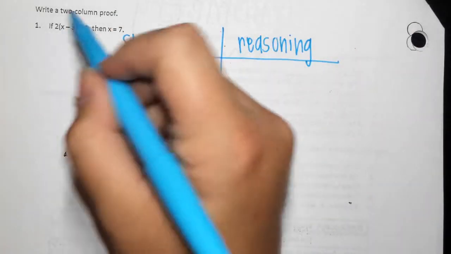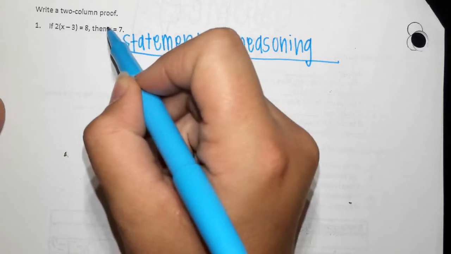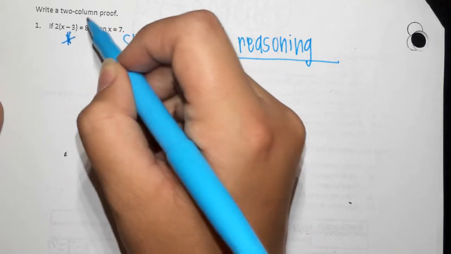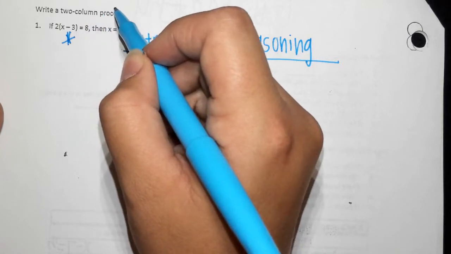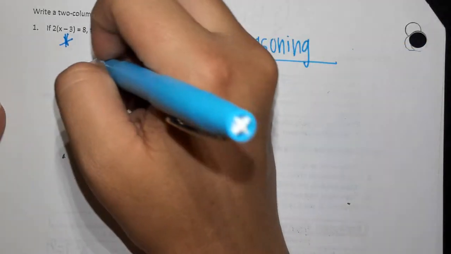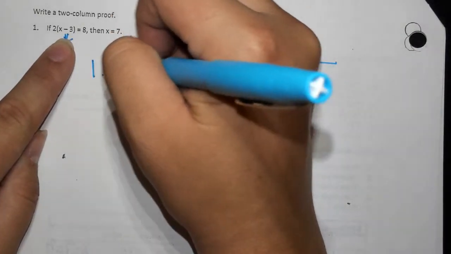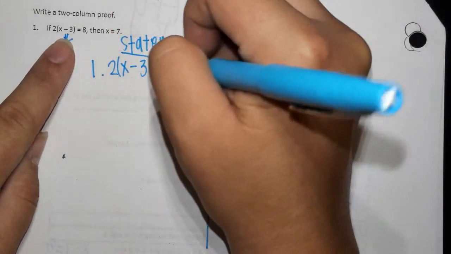We are given this hypothesis and the conclusion. You are starting with the hypothesis, and it is your job to prove the conclusion. So we always start with the hypothesis, which is 2x minus 3 equals 8.